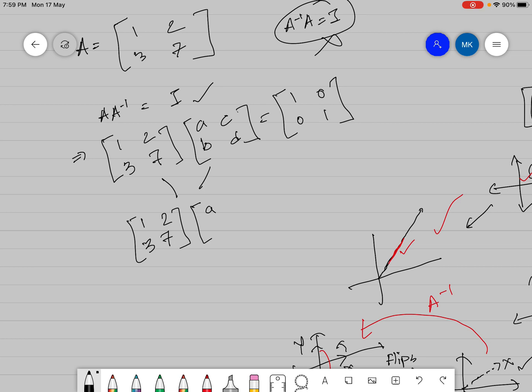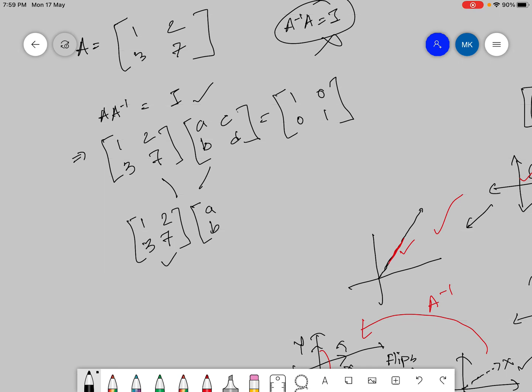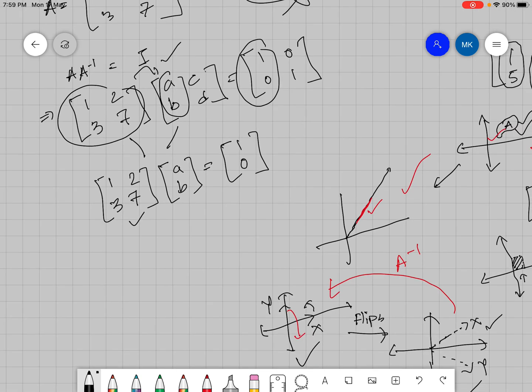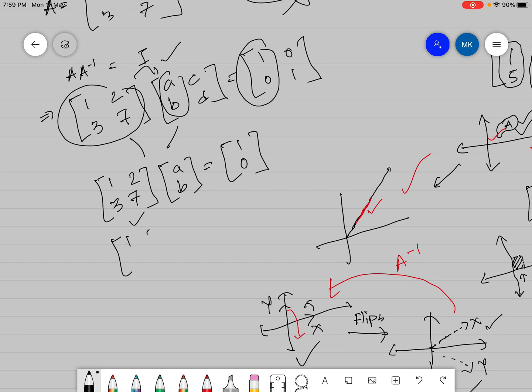So I know that this matrix into the first column gives me the first column here, 1 0, and 1 2 3 7 into the second column C D gives me the second column of this matrix, 0 1, right?